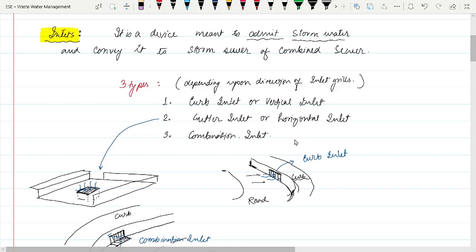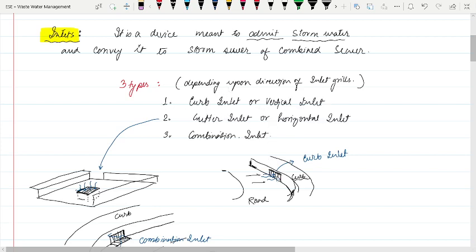Obviously, it will be placed at the lower depressed area from which we are trying to drain out the rainwater. Generally they are of three types according to the direction of the inlet grills. There will be various grills so that big particles don't go inside.